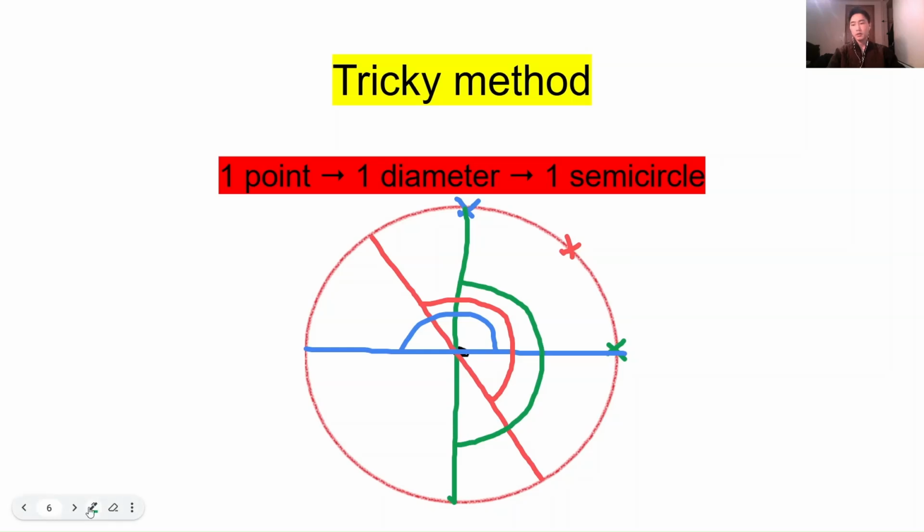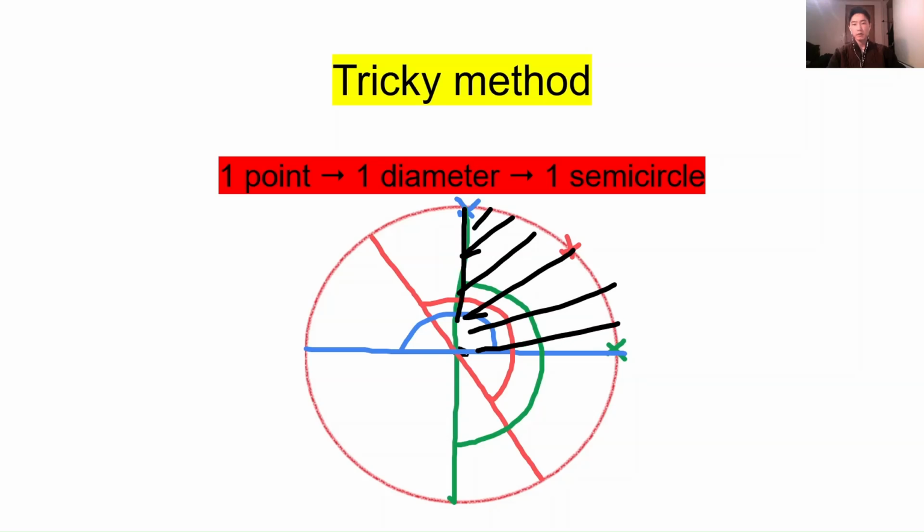And what you can see is you can find an overlap area in this shape, right? So this shows that we can find semicircles that contain all the points in this case.